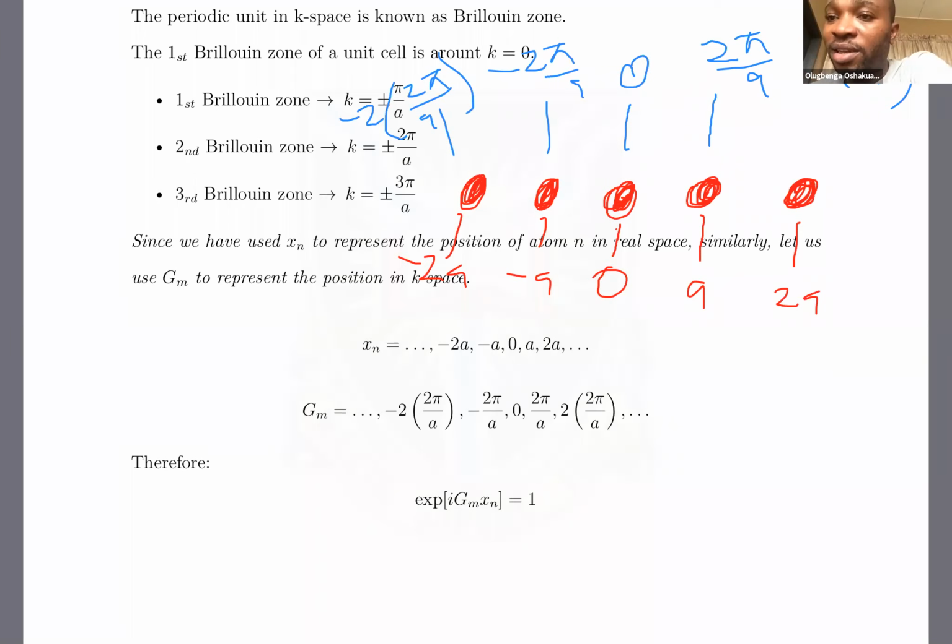And e to the i gm xn gives us 1. That's a rule of thumb we'll be using to simplify as time goes on. That is, the exponential of the position in reciprocal lattice space times the corresponding position in real space should give us 1.